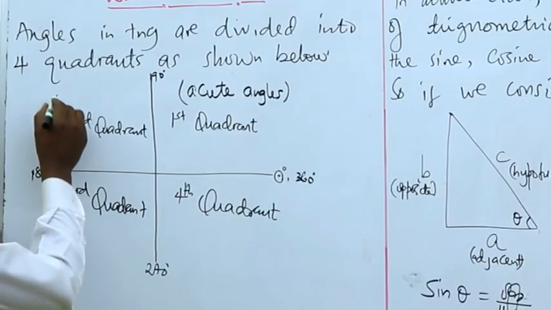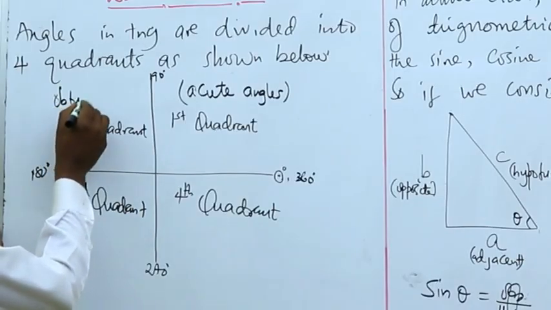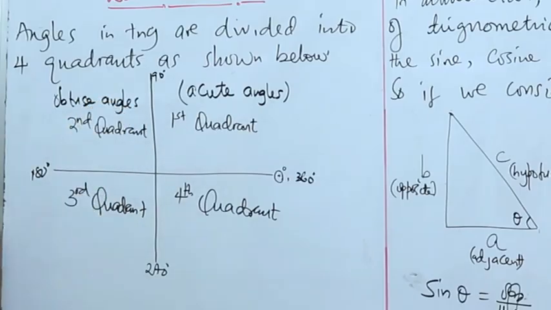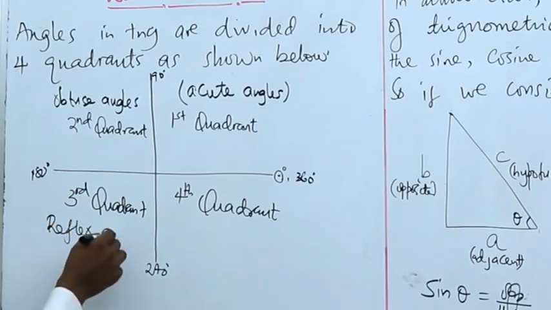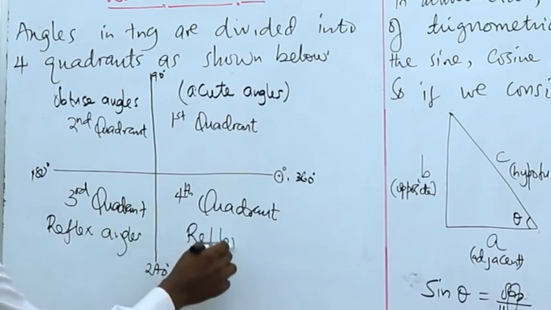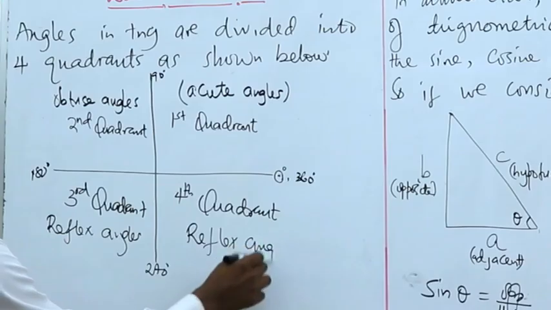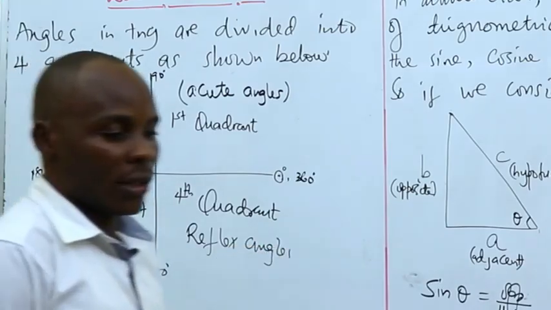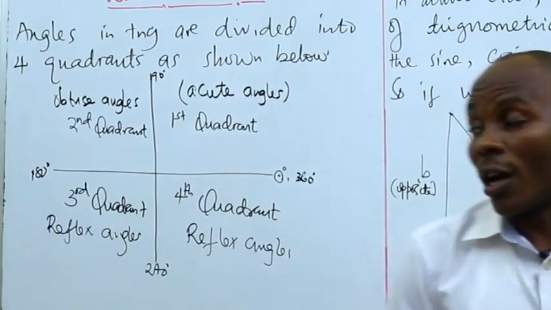Those angles are called obtuse angles. Between 180 and 270, we have what we call the reflex angles, and so in the fourth quadrant. All angles beyond 180 are referred to as reflex angles.